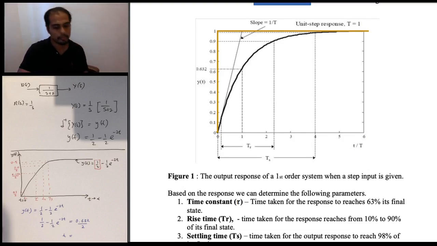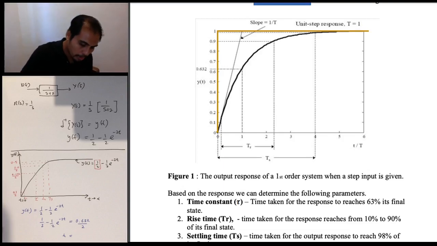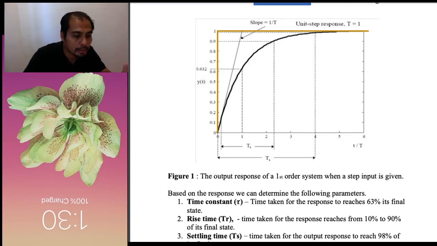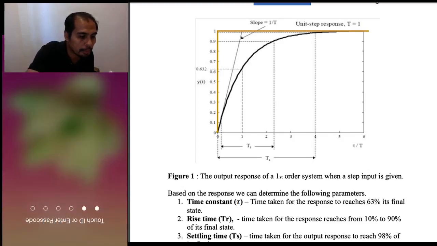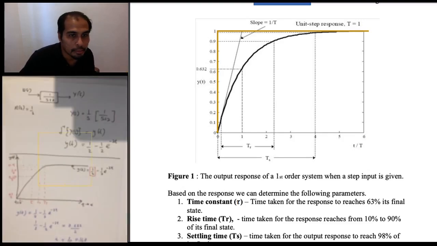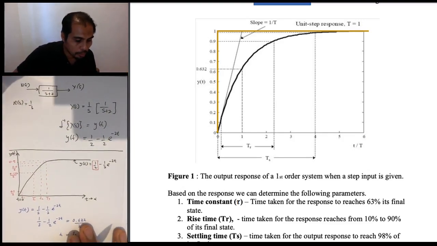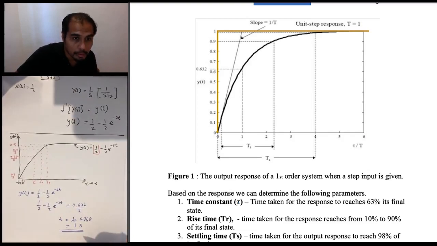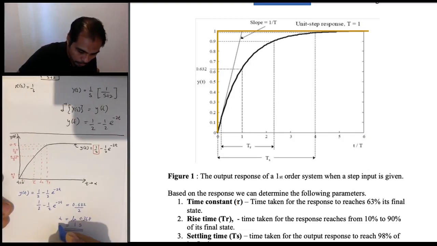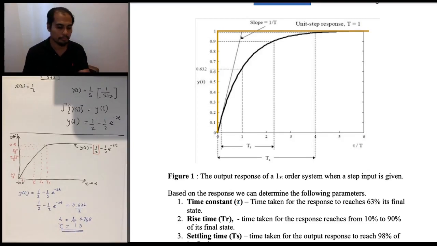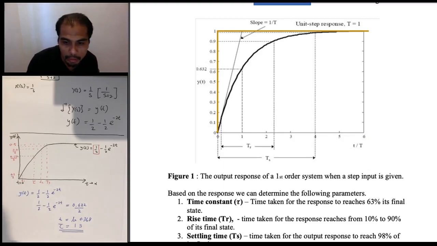So you can calculate the same parameters using the same method I showed you earlier, right? So in this case our tau is 1 second. Okay, we'll continue with another example after this.